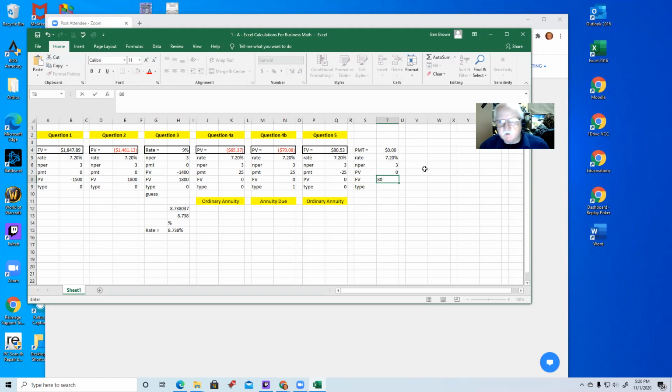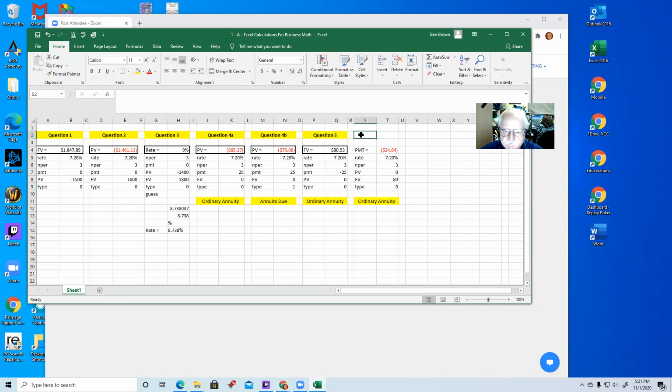And that's the amount of money we're going to get, so it's a positive number. And the type here is going to be 0, because we're assuming it's an ordinary annuity, even though in the question we weren't actually told, but we weren't told it was an annuity due.